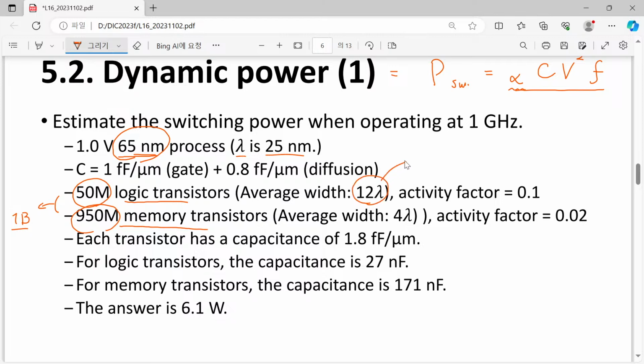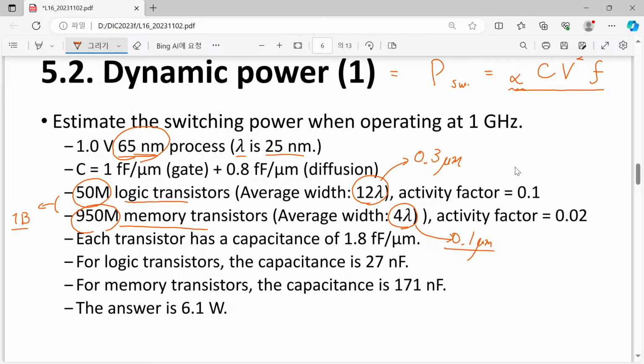So what is 12 lambda? It corresponds to 0.3 micrometer. In the case of memory devices, we have much smaller ones, just 0.1 micrometer devices.